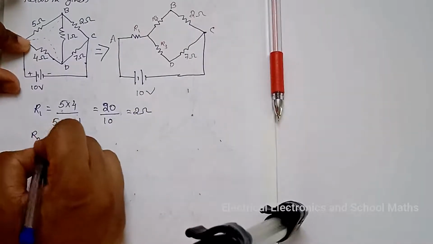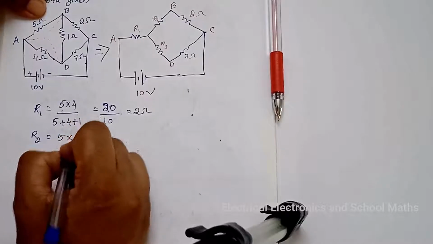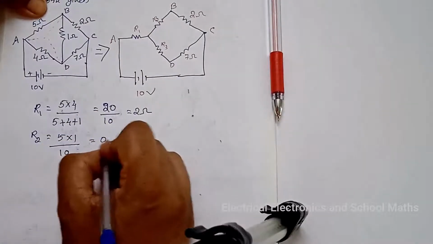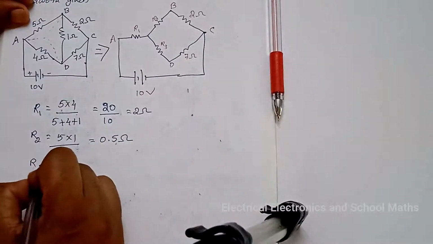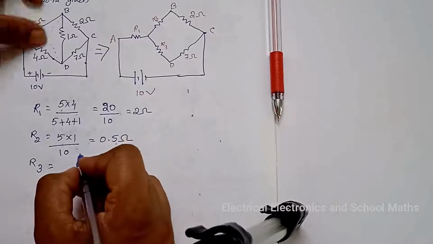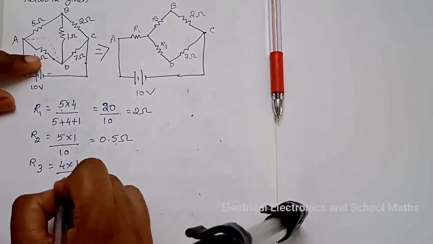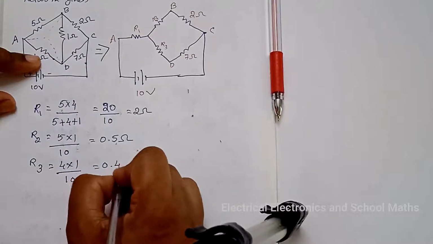Similarly, R2 equal to 5 into 1 divided by 10 equal to 0.5 ohm. R3 equal to 4 into 1 divided by total resistance 10 equal to 0.4 ohm.